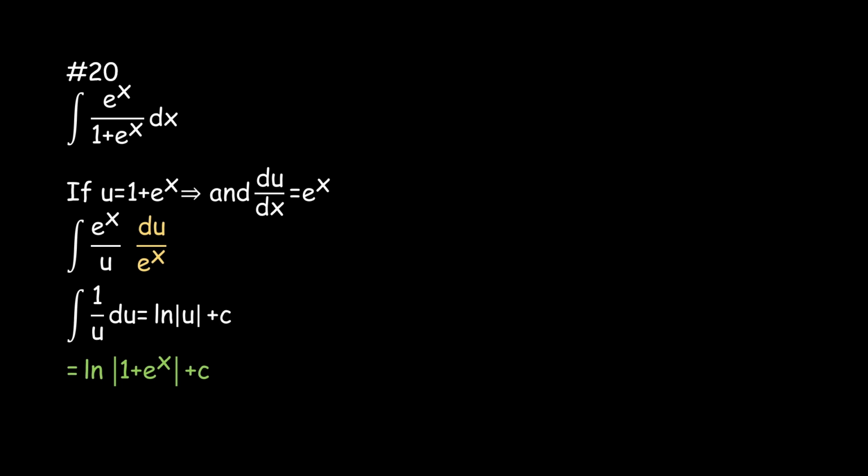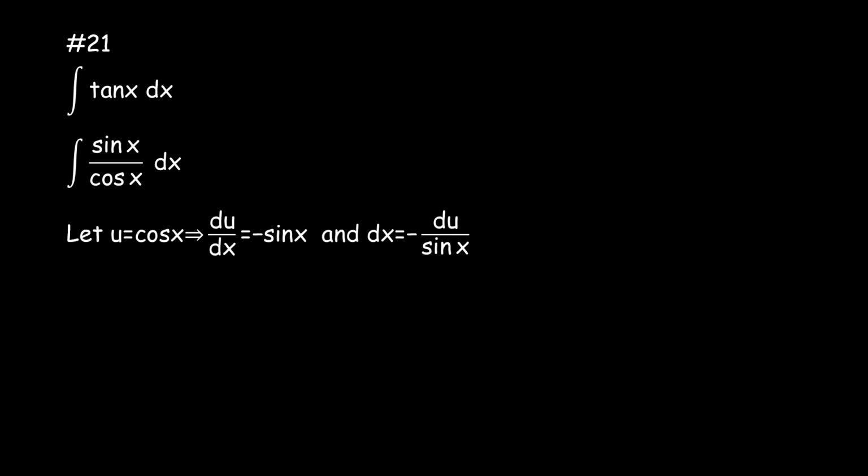Question number 21, integral of tan x. Tan x can be written as sine x over cos x, so we can replace the denominator, which is cos x, with u. If u is cos x, the derivative is negative sine x, and then dx equals negative du over sine x.